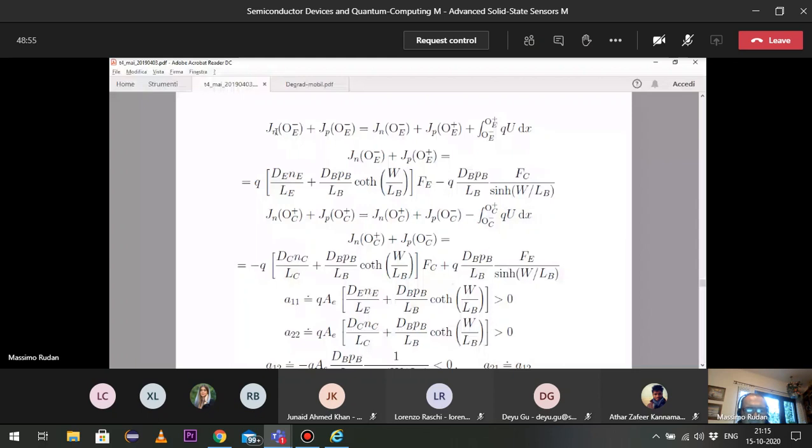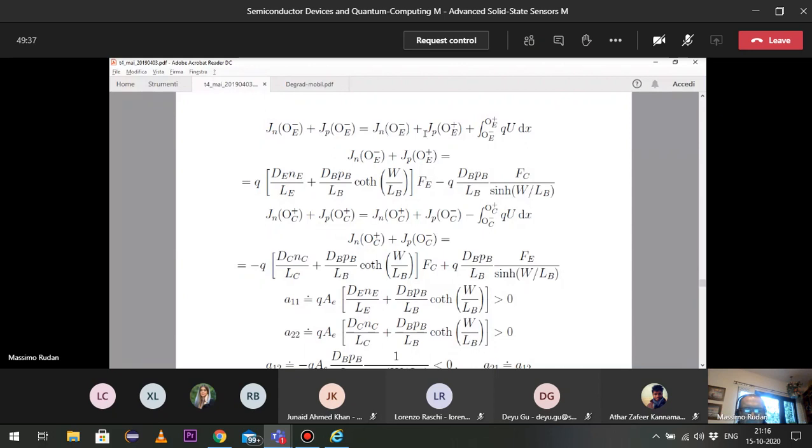Jn of 0E minus belongs to the minority carrier, so it stays. Jp of 0E minus is a majority carrier current density, so we replace it, as we did in the p-n junction, with Jp of 0E plus, that is again a minority current concentration, plus the recombination current associated to the emitter junction, okay? For the moment, we do not consider the last term, it will come later.